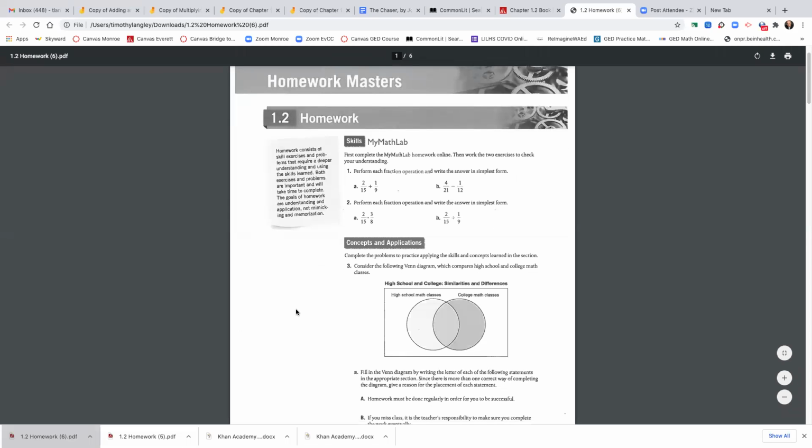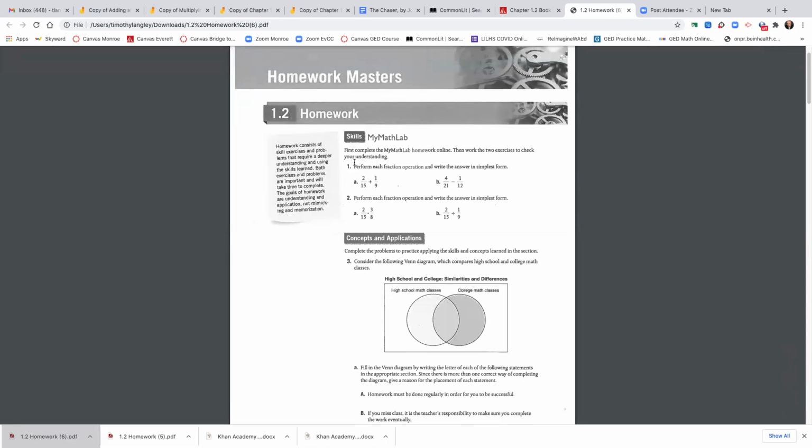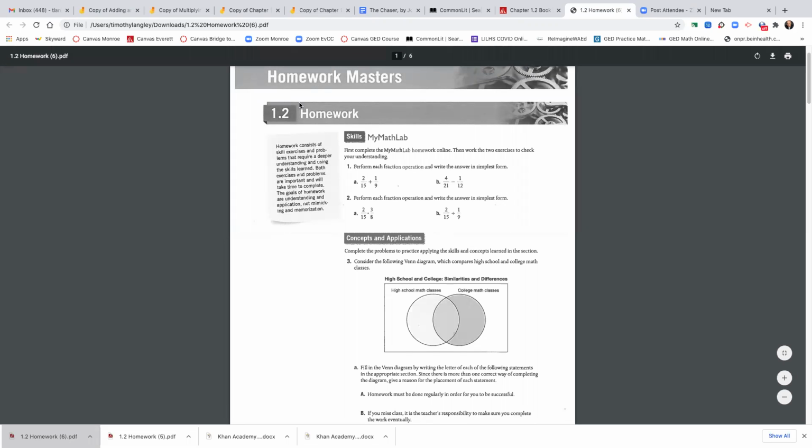Now, here's what you do with this. You're going to do only the odds: 1, 3, and then 5, etc. 7. Okay. It asks you to add problem number 1. So, what you're going to do is on your own Microsoft Word document or Mac document or Google Doc, you'll type your name, class, chapter 1.2, and then you'll type number 1 and give me your answers for A and B. A equals this, B equals this.